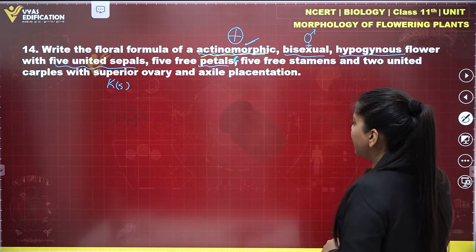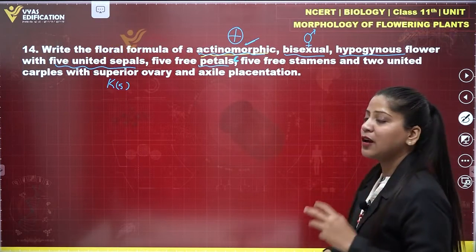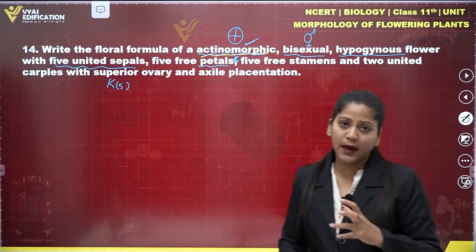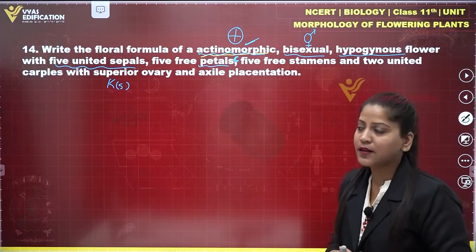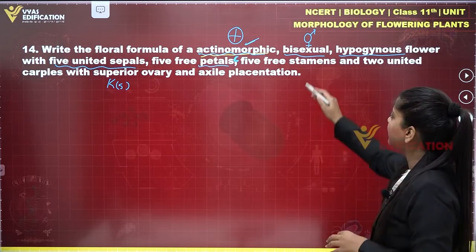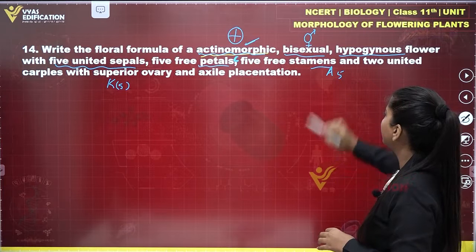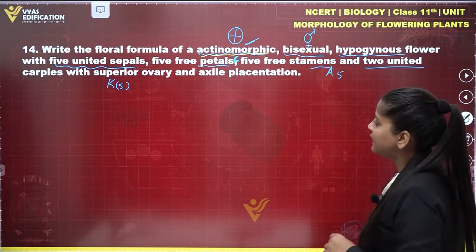Then we have 5 free stamens. Stamens are always represented as A because they are also known as androecium in case of flowering plants. So we have 5 free stamens, right? A, 5. Then we have 2 united carpels.